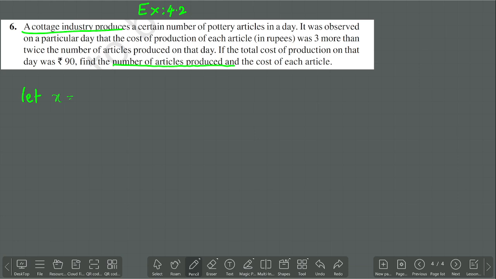Let x equal the number of articles produced in a day. In one day how much he produced, that I'm taking as x. Understand? Next, the cost of each article we have to find.